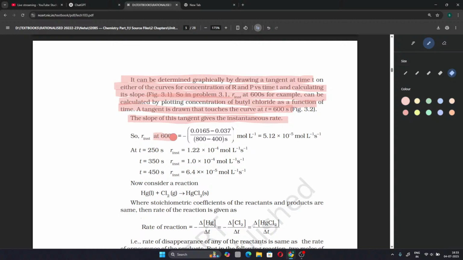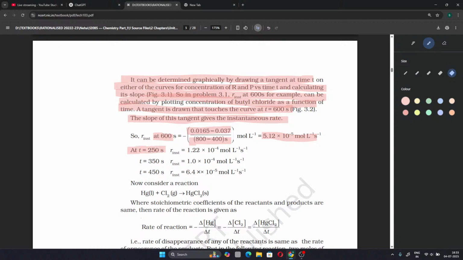At 600, they basically substituted the values here, the change in concentration at the time, 800 minus 400, initial and final, and we will get it to be around 0.5 into 10 power minus 4 mole per liter per second.